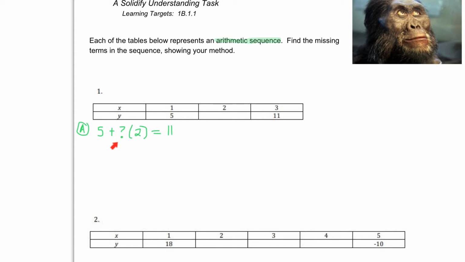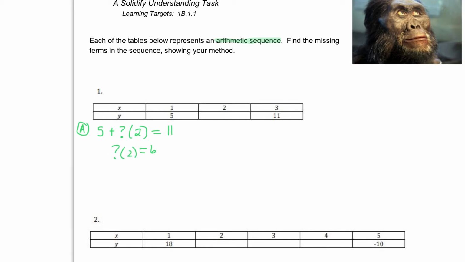And our goal here is to figure out what is this question mark, what is that common difference that we're adding each time. So to solve this, I can go ahead and just subtract the 5 from both sides. And I get something times 2 is equal to 6. And then to get that something by itself, since these two are being multiplied together, I can divide by 2.